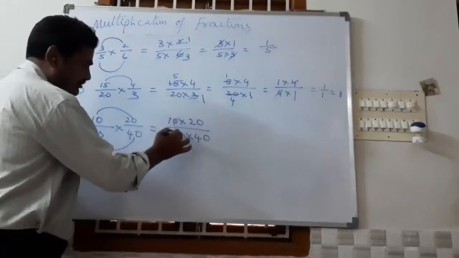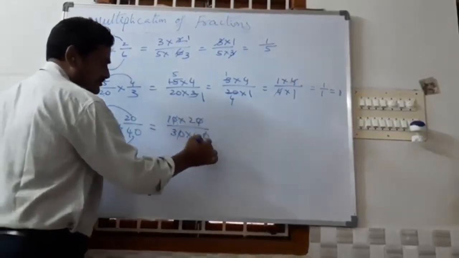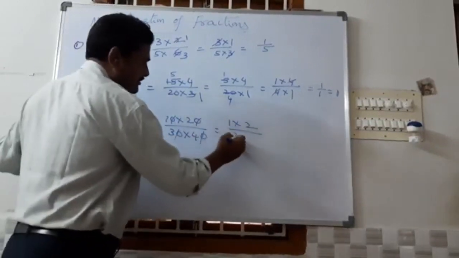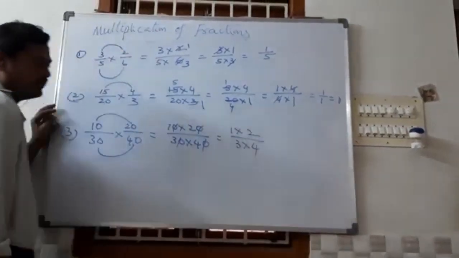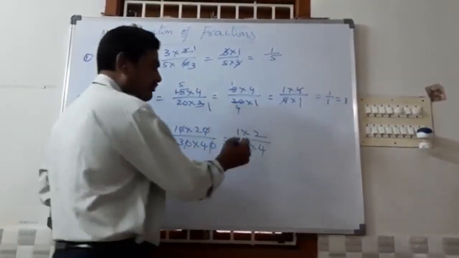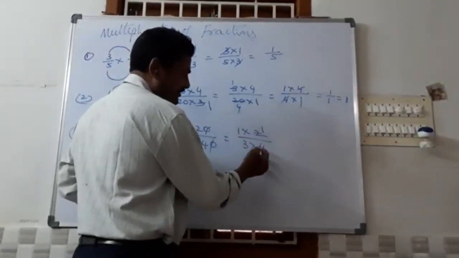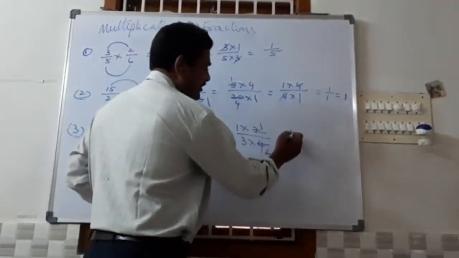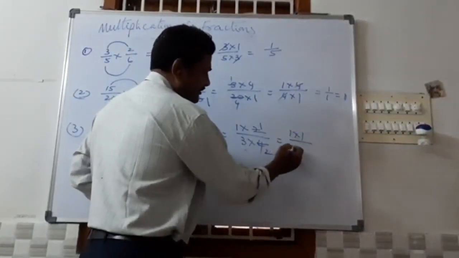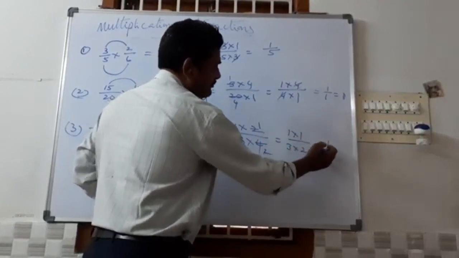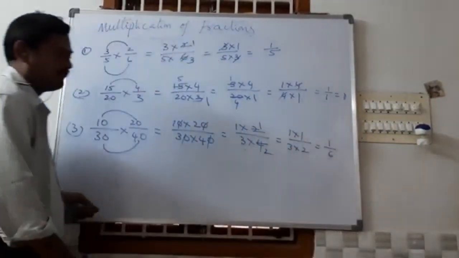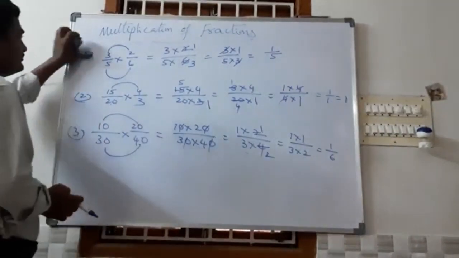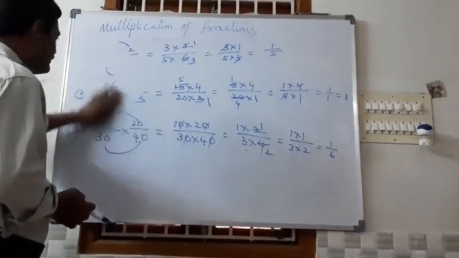Now this 0 cancels, this 0 cancels, remaining 1 into 2 by 3 into 4. Numerator 2 ones are 2, denominator 2 twos are 4. The remaining numbers are 1 into 1 by 3 into 2, that means 1 by 6. Like this, we multiply two fractions.